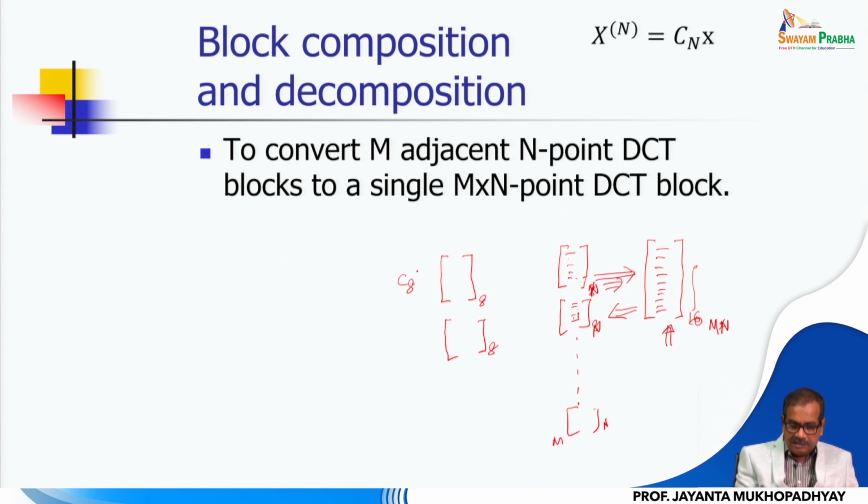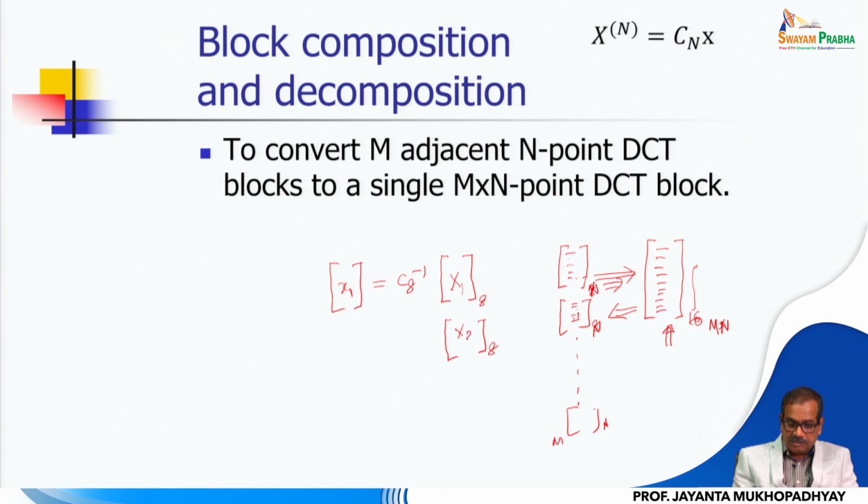first I will take the inverse transformation, which is C8 inverse or C8 transpose. C8 is the type 2 DCT matrix, 8 cross 8, and that would give me the spatial domain block. Let me represent the transform domain with uppercase and the spatial domain with lowercase. So this is the X1 block, I will get x1.